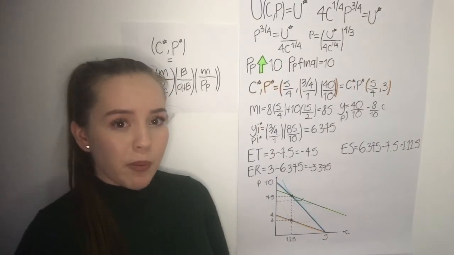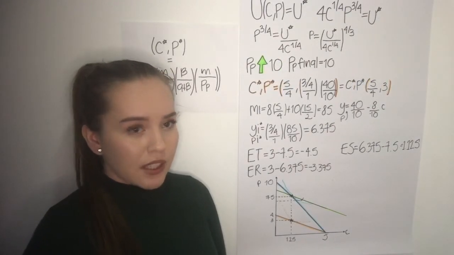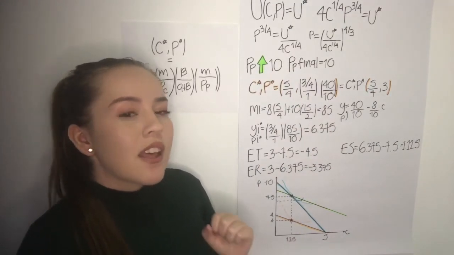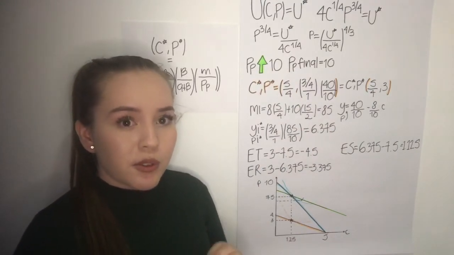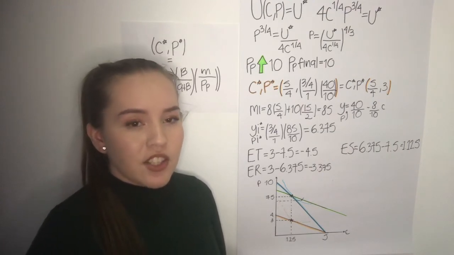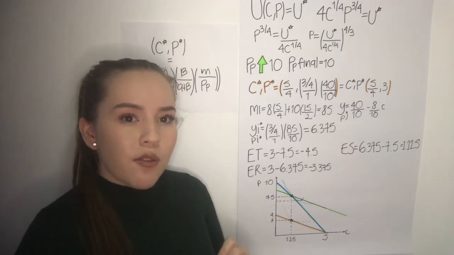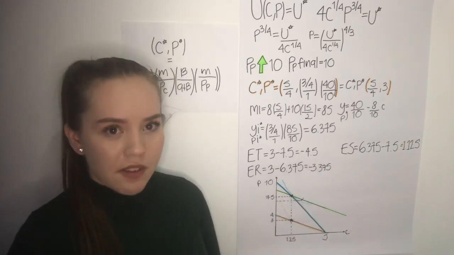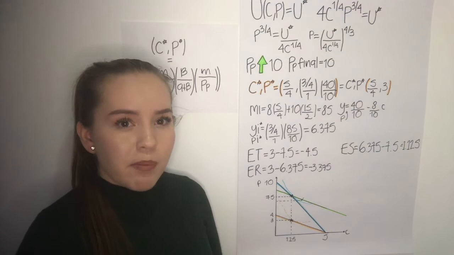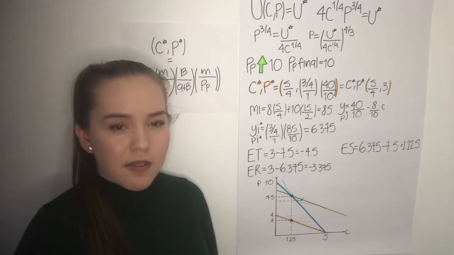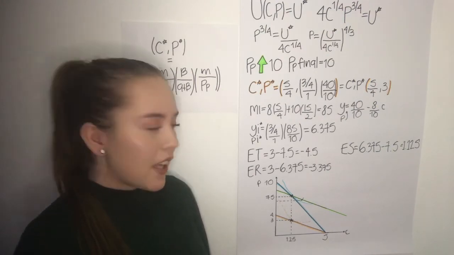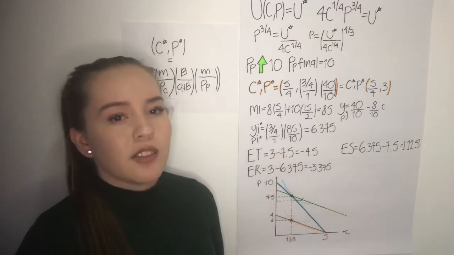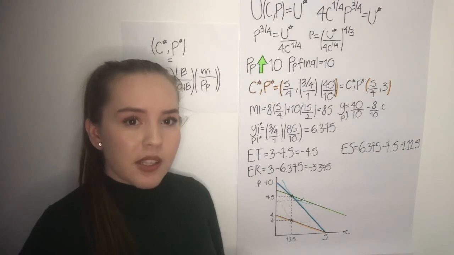Now we say that as the price of the good went up to 10, the consumer went from consuming 7.5 to 3, that means she stopped consuming 4.5, that is the total effect. Minus 3.375, she stopped consuming them because as the price of the good increased she now has less purchasing power.